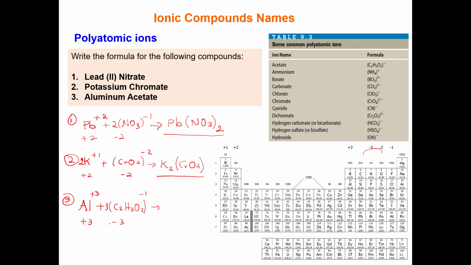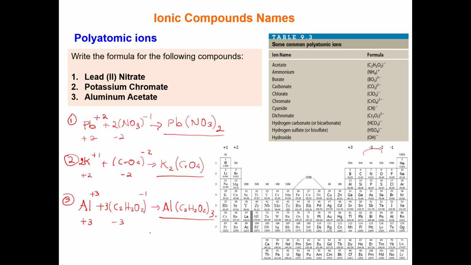And to write the formula, we have aluminum, and then the acetate. Because we had 3, we need 3 units of this one, and we will express it like that. And this is the formula for aluminum acetate.